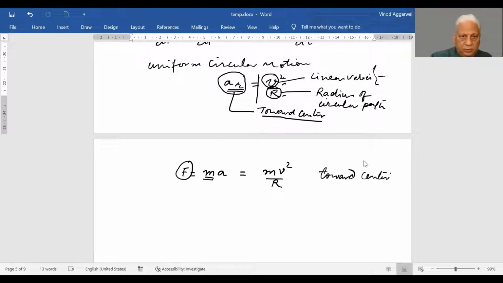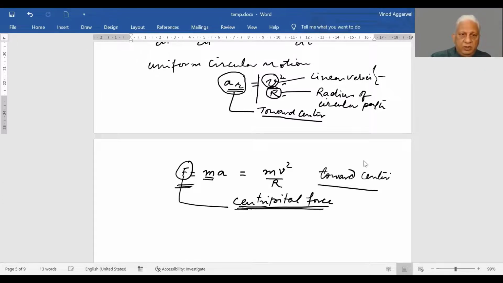Now this force which is being exerted towards the center is called centripetal force. It is this force which makes a body go in a circle.